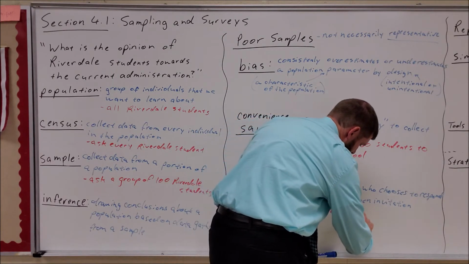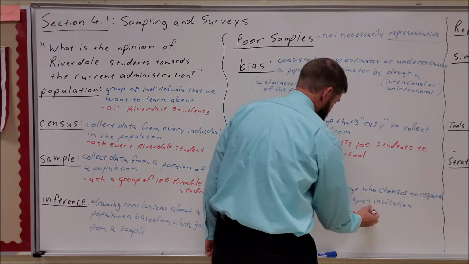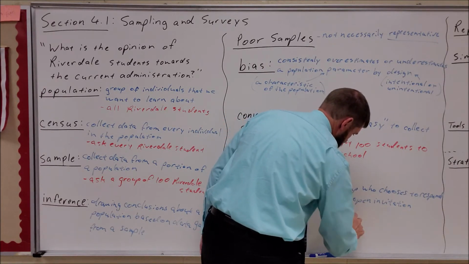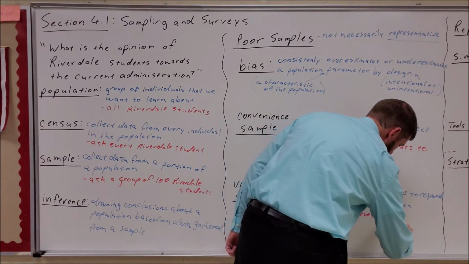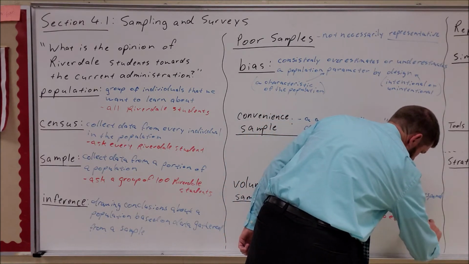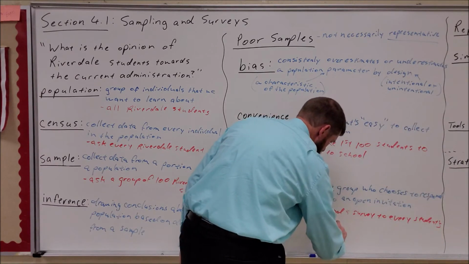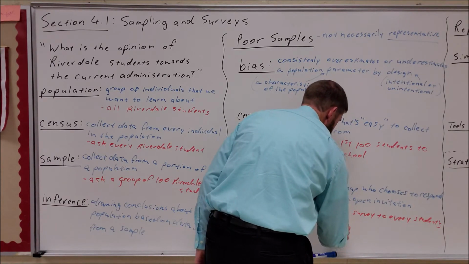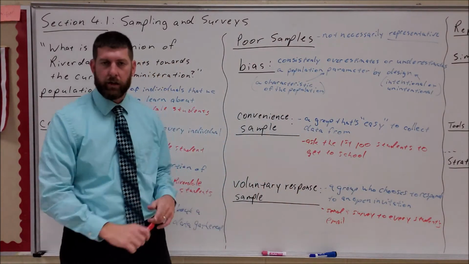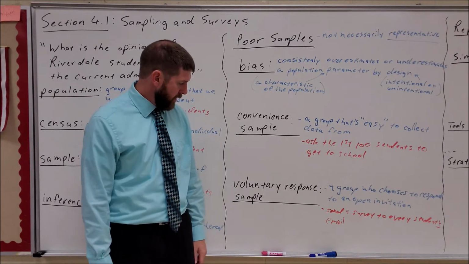We could email a survey, send a survey to every student's email. And everybody that responded, that would be our sample. Yeah, maybe we would get 100 back, I hope so.